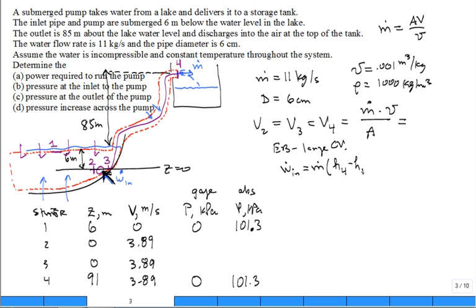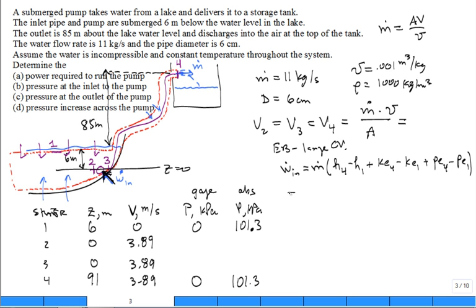It would be H1 minus H4 if I left it in the traditional convention. And then I'm going to have the specific kinetic energy out minus specific kinetic energy in plus the potential energy out minus the potential energy in. Do you agree? The out is 4, the in is 1.